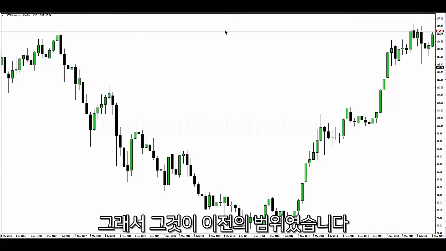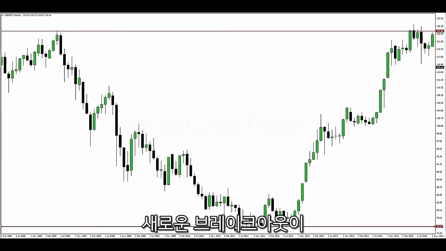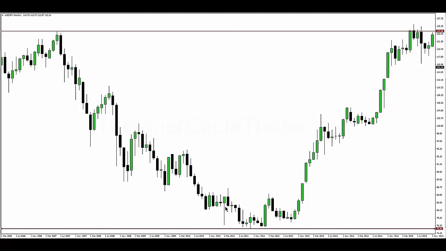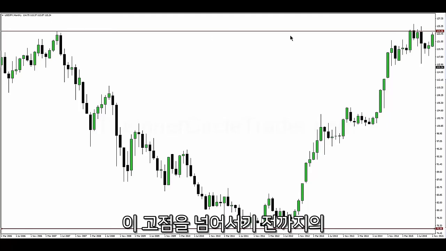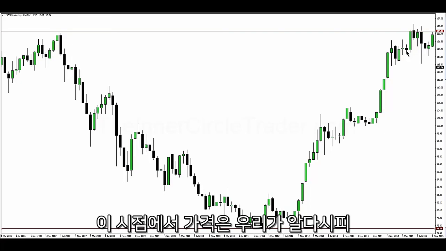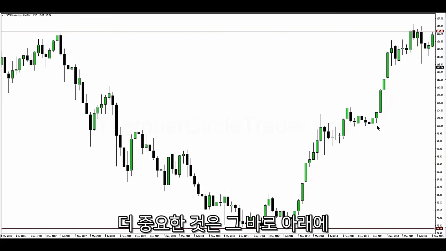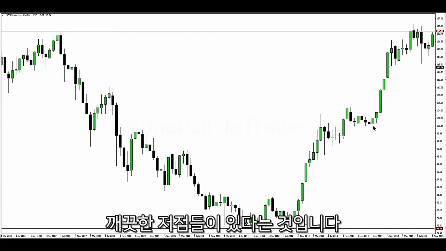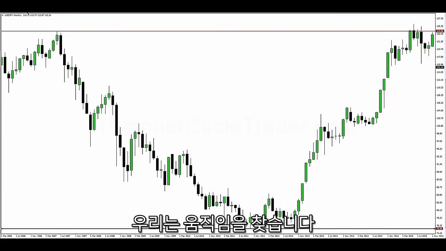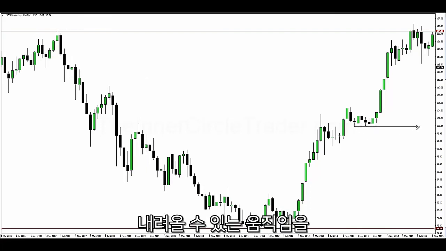So that was the range prior to the new breakout above this high. At this point, we know we have the equilibrium down here, but more importantly, we have clean lows right below there. So we would look for a move that could potentially come down to that level.